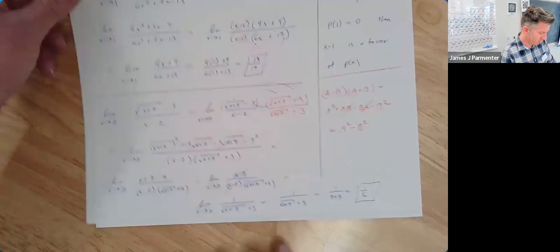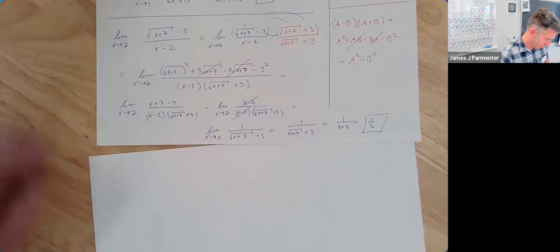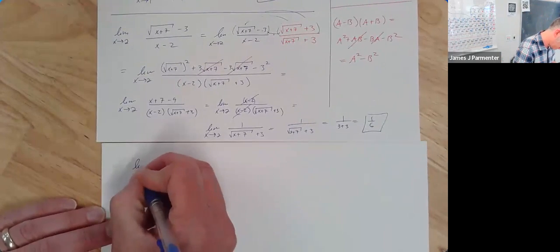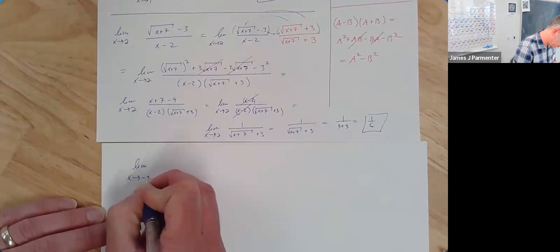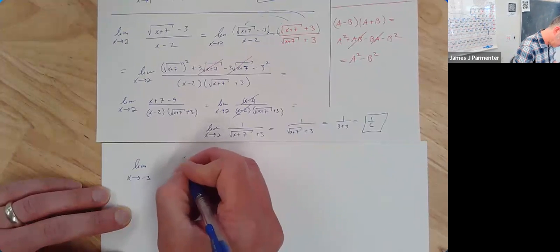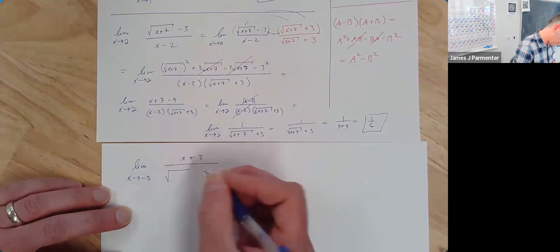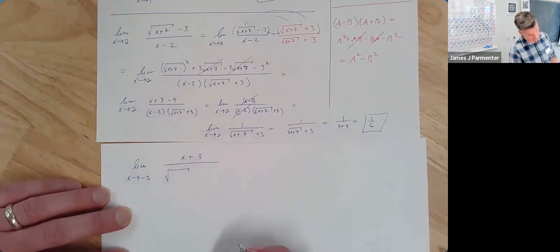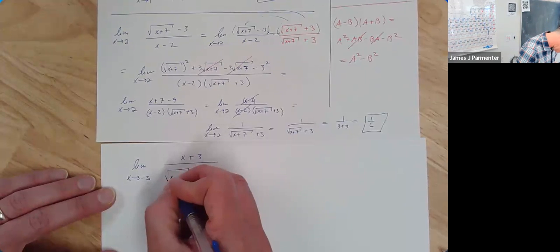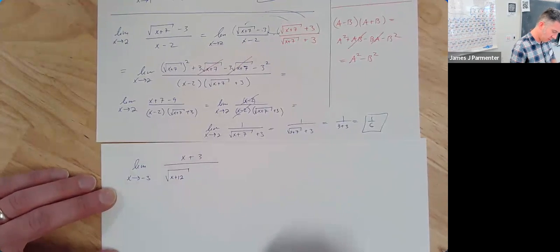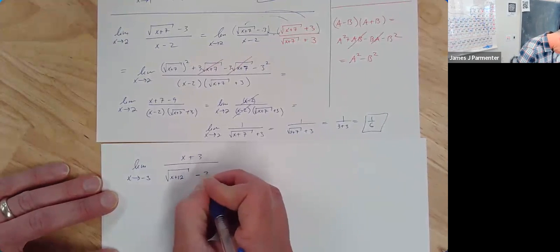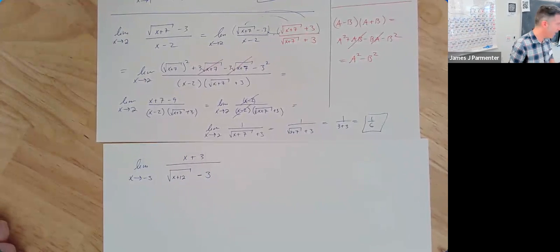So for example, you all could try to do this one. Limit as x approaches -3 of x plus 3 over the square root of, now I have to think, x plus 12 minus 3. That's going to be boring, but fine. Try that one.